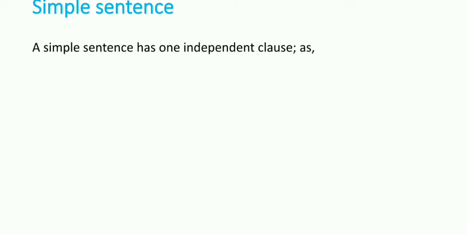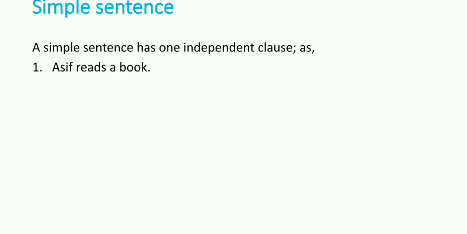First of all, we will discuss the simple sentence. A simple sentence has one independent clause. Keep in mind, we have earlier discussed the definition and explanation of a clause, so you must know about the clause. Only one independent clause can make a simple sentence.